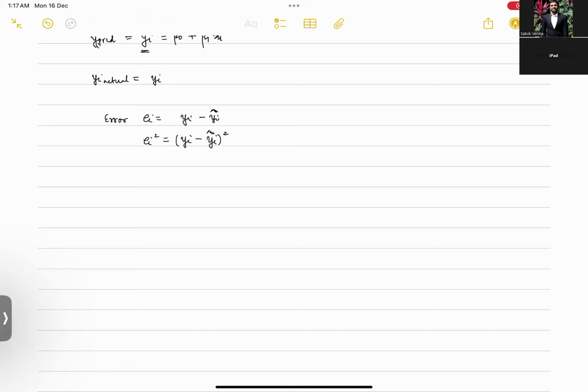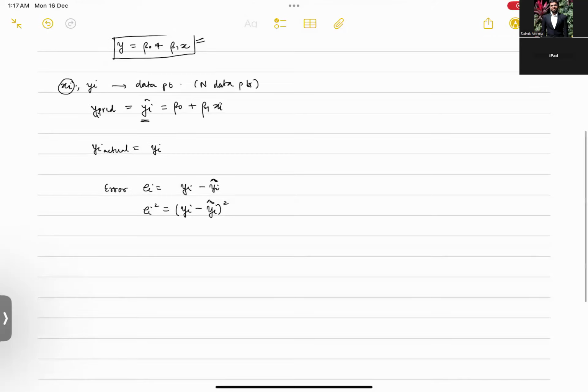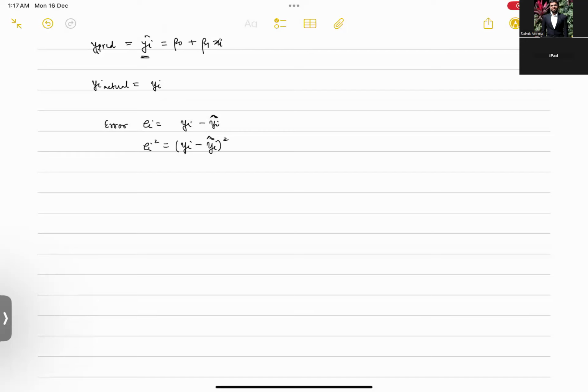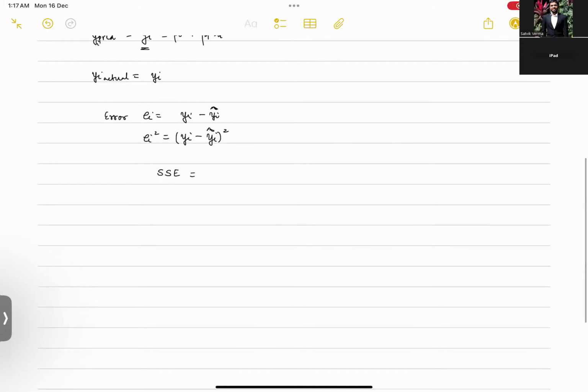And for all possible data points, so let's say this is just for a single data point. So if we have n data points, the sum of squared errors, which we are going to call SSE, is going to be the summation of ei square from i equals 1 to n, right?